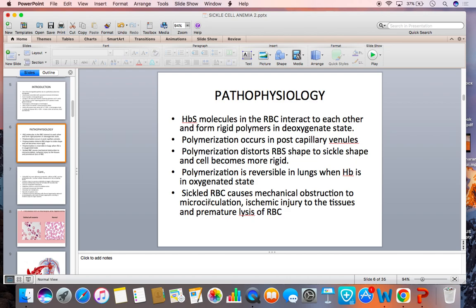So, sickle cell disease is a state of chronic hemolytic anemia with hypertrophic obstructive vasculopathy associated with coagulopathy, resulting in ischemic injury to the various organ systems. This is the definition of sickle cell anemia.